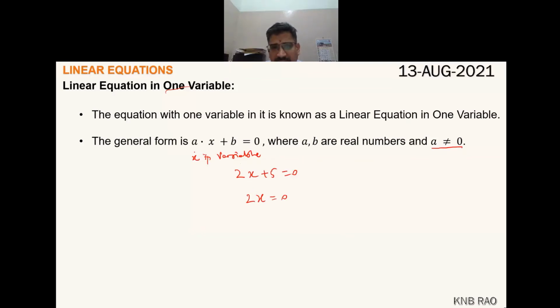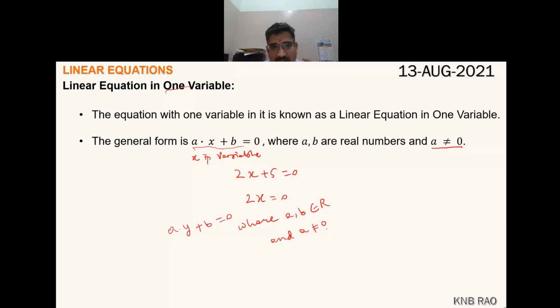In the general form, can I have a different variable? Yes, you can take a different variable. This is a general form of a linear equation in variable x. If someone wanted to take y, you can take y. So the general form of a linear equation in variable y can be a into y plus b equals to 0, where the same conditions apply: a, b are real numbers, belonging to the real number set, and the coefficient of the variable should not be 0.